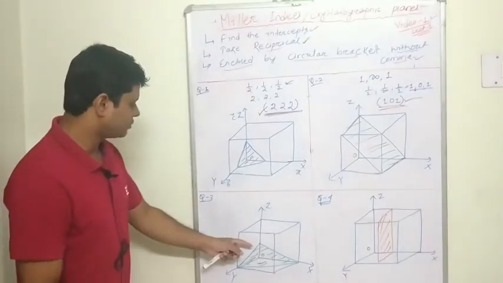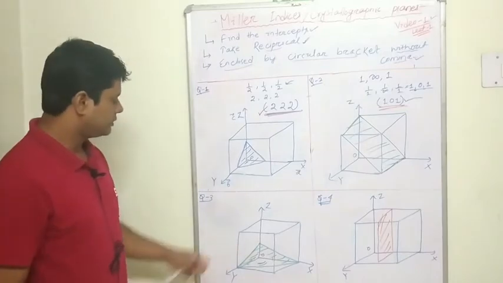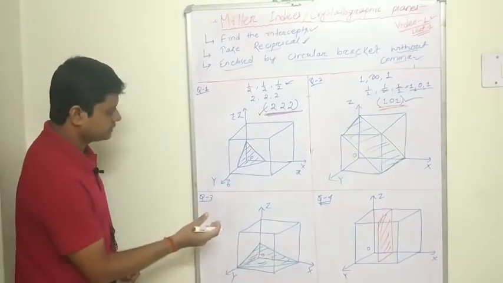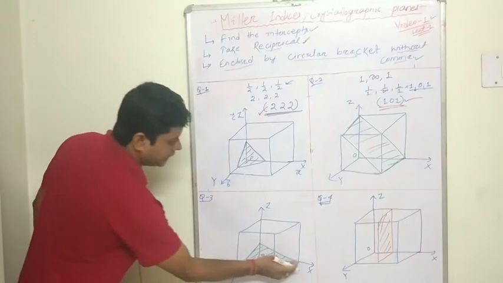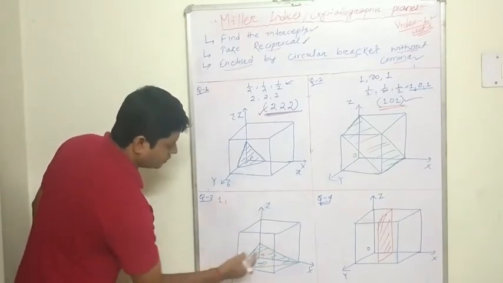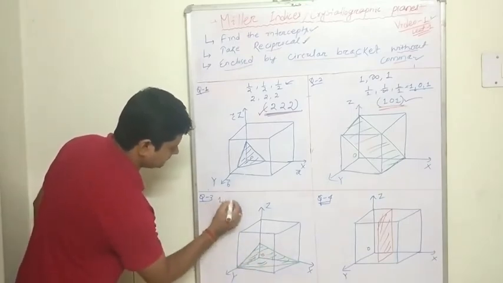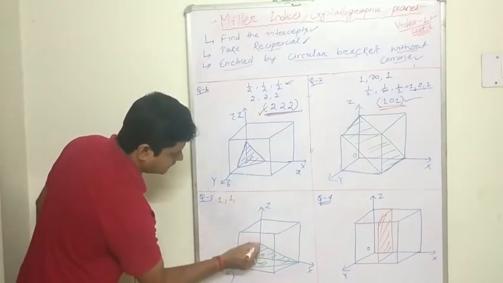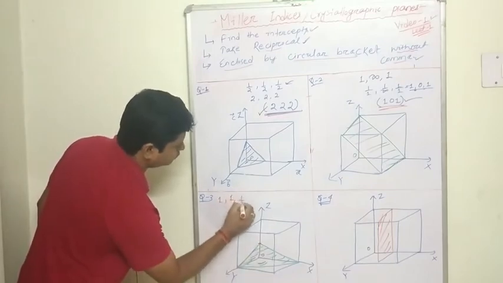Now we consider this question. For this question, we first find the intercepts. The x intercept is 1, the y intercept is again 1, and the z intercept is 1 by 2.